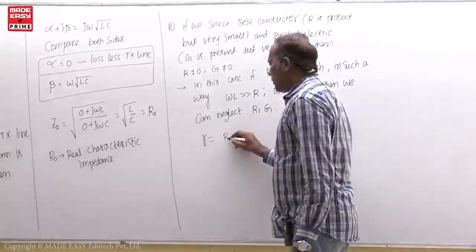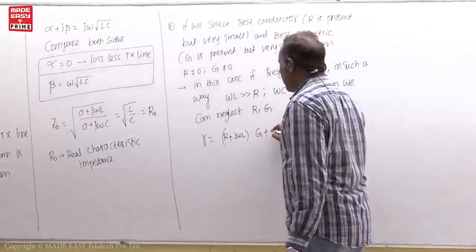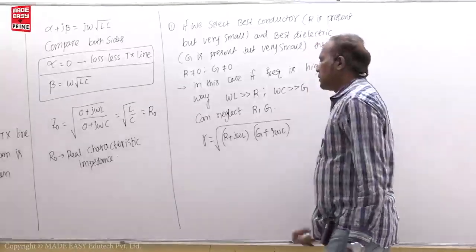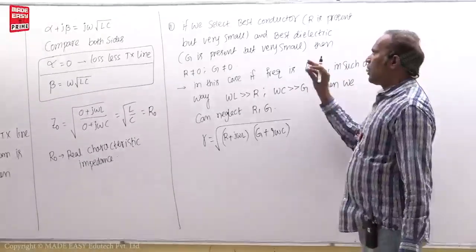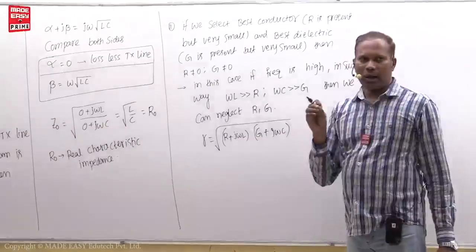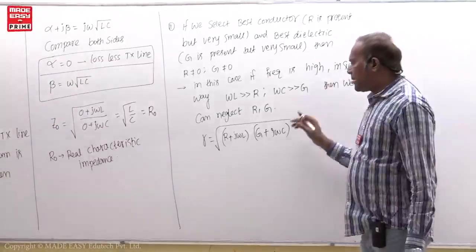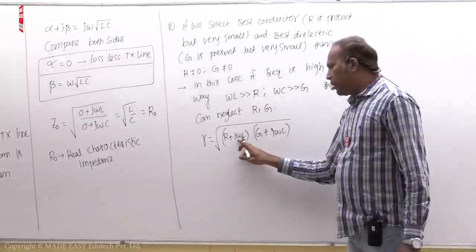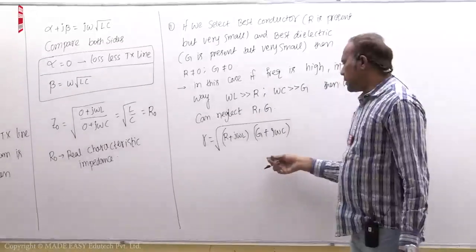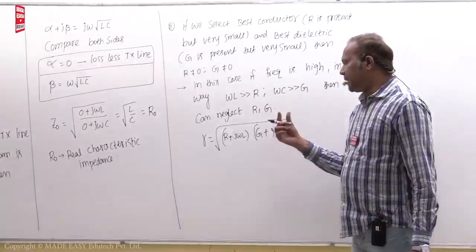Actually, gamma is equal to root of (R plus j omega L) and (G plus j omega C). For best dielectric and best conductor, R and G values are not 0, but we are increasing the frequency in such a way that omega L product is much greater than R, so we can neglect R. Similarly, omega into C is much greater than G, so we can neglect G.